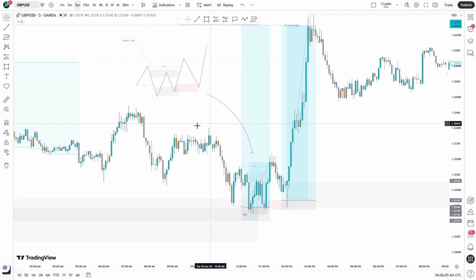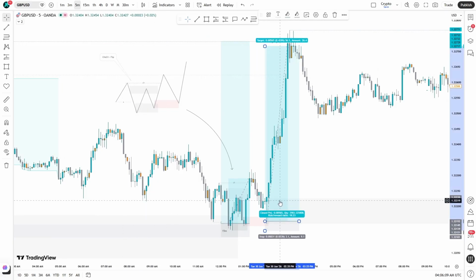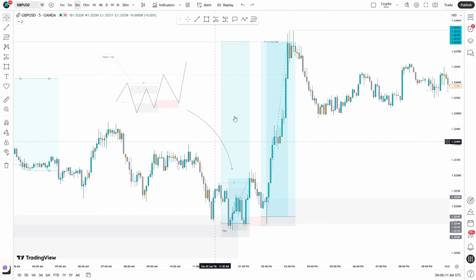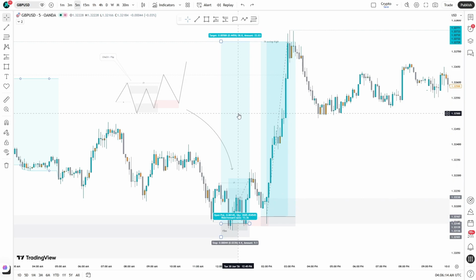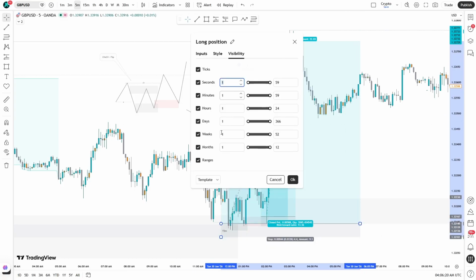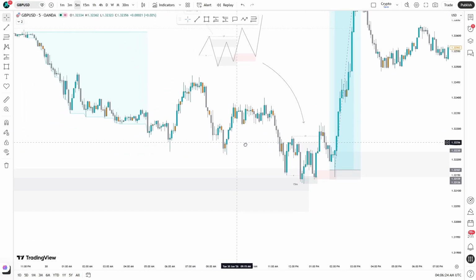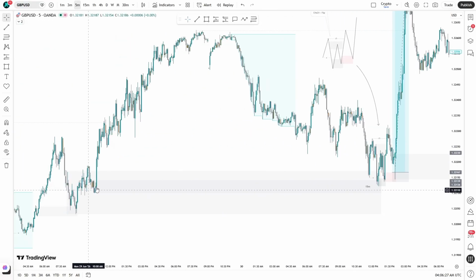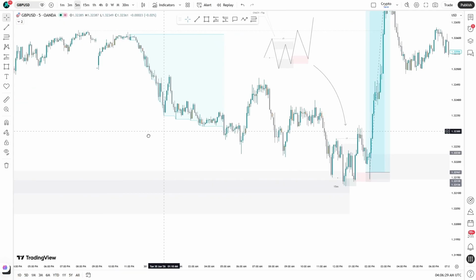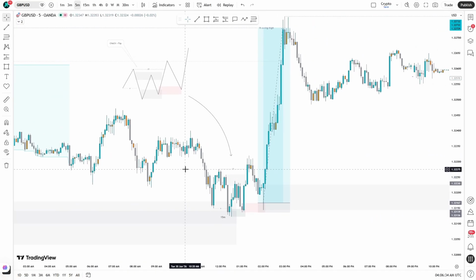I drew this stuff here to explain what actually happened. I will remove this to see it clearly. So after it mitigated this demand, this refined demand here, the next thing we had was a choch plus flip.